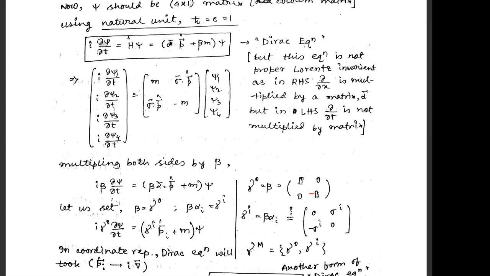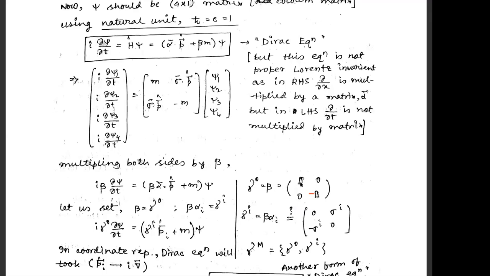So this is my relativistic quantum mechanical equation, right? i h cross del psi del t equals H psi, where I assume h cross is 1, and H is alpha dot p plus beta m, and alpha and beta are given by these matrices.